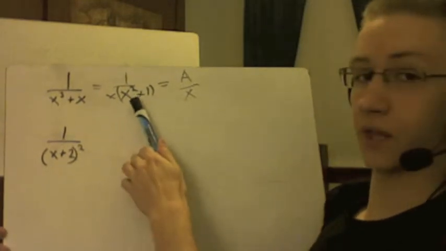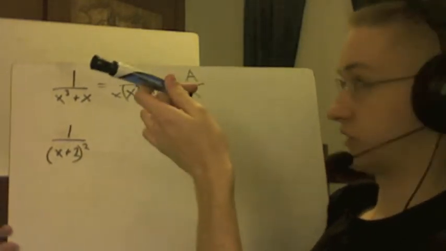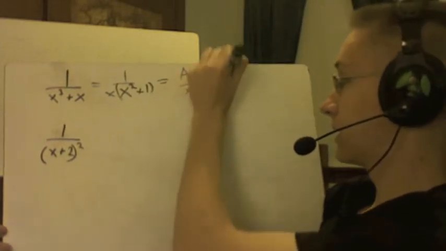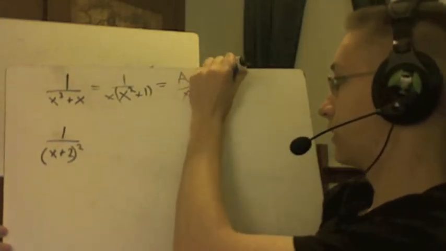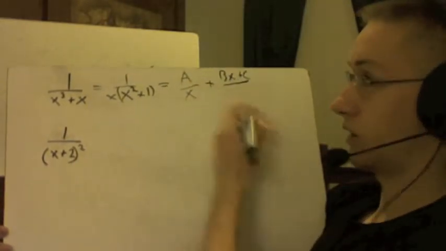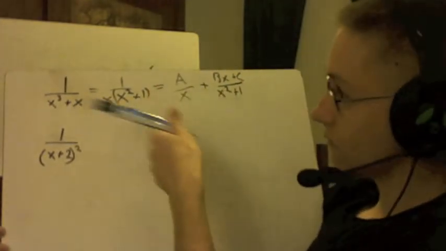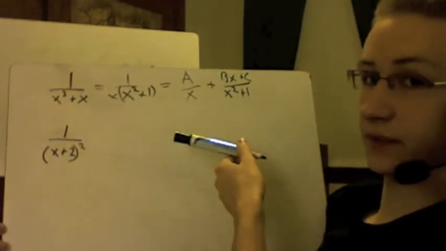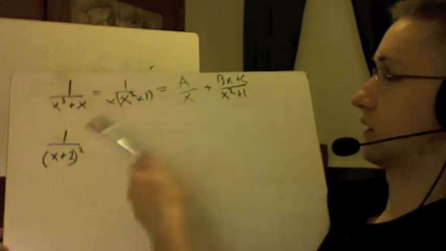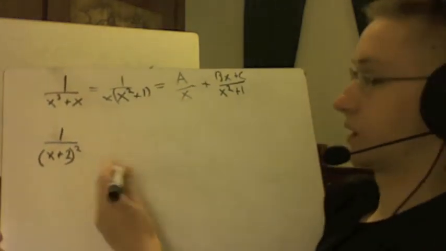But this one, x squared plus 1, irreducible quadratic factors need to have two unknowns, bx plus c, in the numerator. Which makes it slightly more complicated when you go out to solve for those two. Could be annoying.